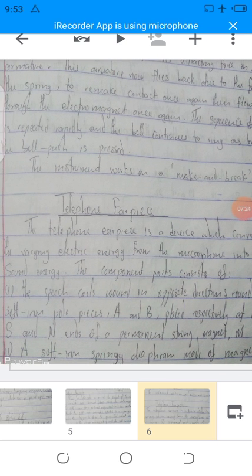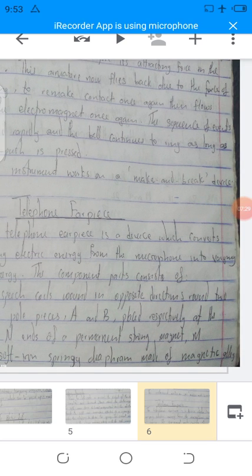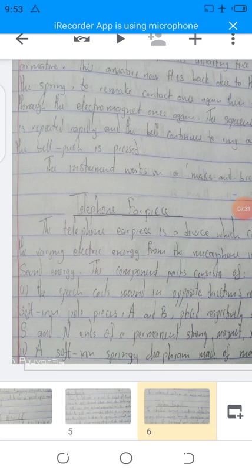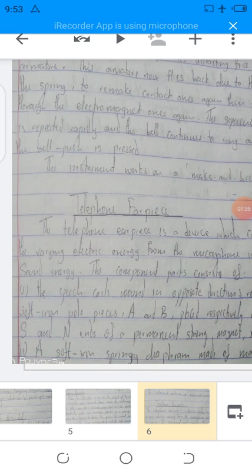Now let's talk about the telephone earpiece. The telephone earpiece is a device which converts the varying electric energy from the microphone into varying sound energy.